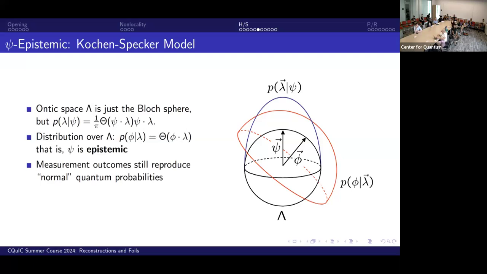So if you say lambda is pointing in this direction here in this hemisphere, any phi, any wave function pointing in that hemisphere is an equally good description. It still works out here. But the point is that combining that with this probability of an object state given the psi, it could still reproduce normal quantum mechanical measurement outcomes.